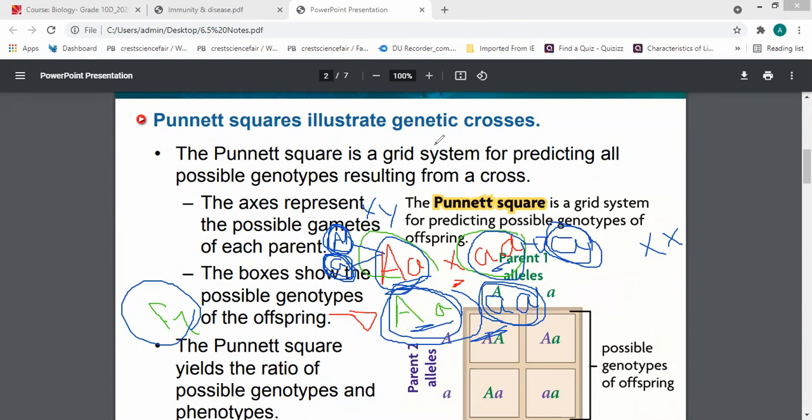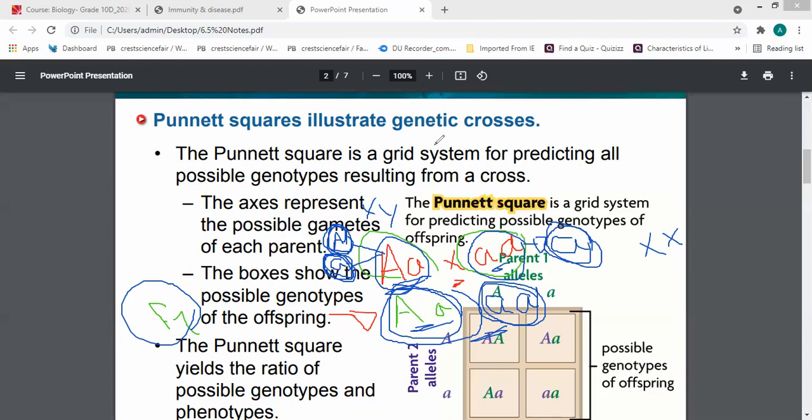So now we have 2 points. Pay attention, please, to these 2 points. The first point: the crossing between two homozygous parents, one dominant homozygous and the other recessive homozygous. The offspring in the first generation will be 100% heterozygous dominant.